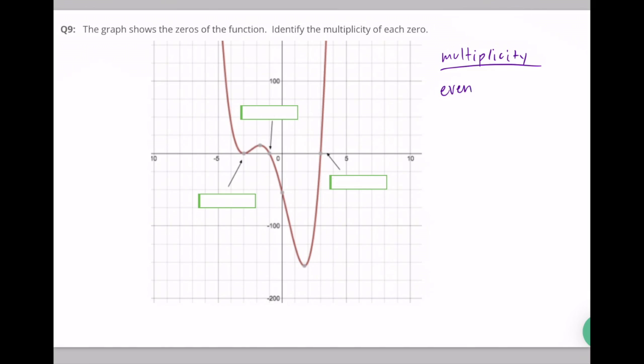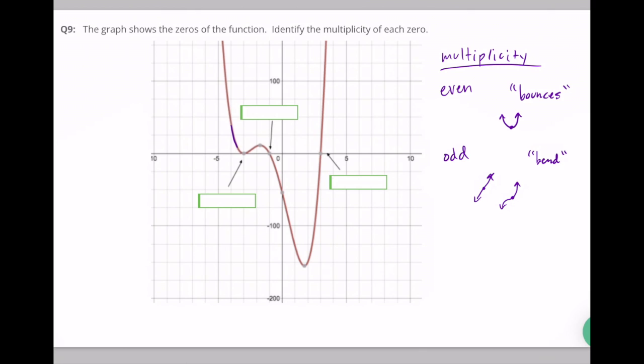If we have an even multiplicity, that is when the graph bounces. So when it touches the x-axis, it's going to bounce here. When we have an odd multiplicity, there's 2 outcomes. It could either bend or go straight through. So it either goes straight through or it bends as it crosses the x-axis.